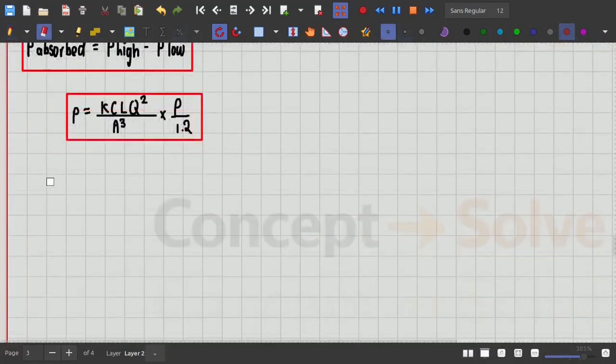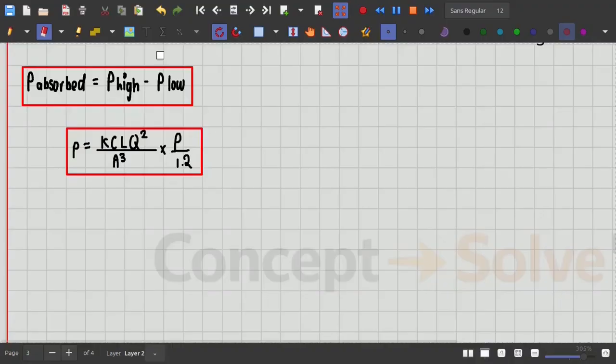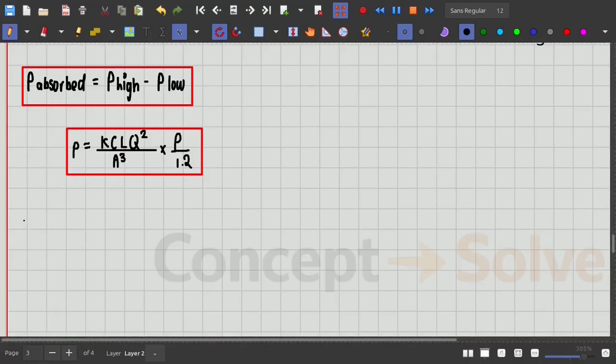P is equal to K C L Q squared over A to the power 3 times rho over 1.2. Let's subscript the pressures to be able to distinguish them. So let's say P54.